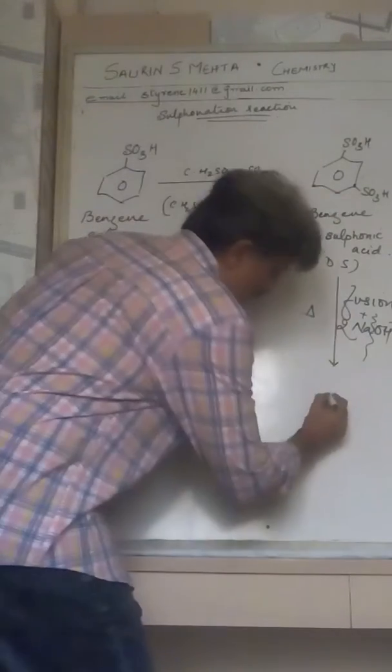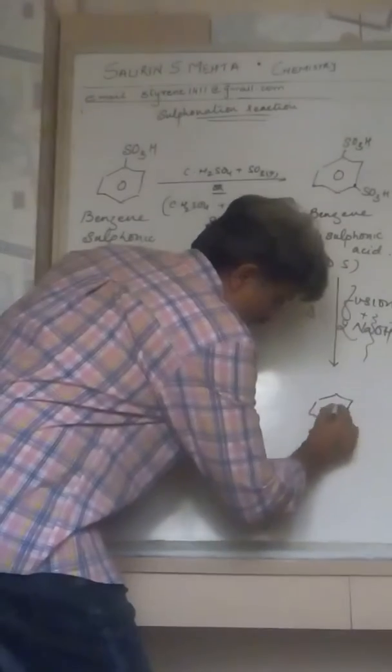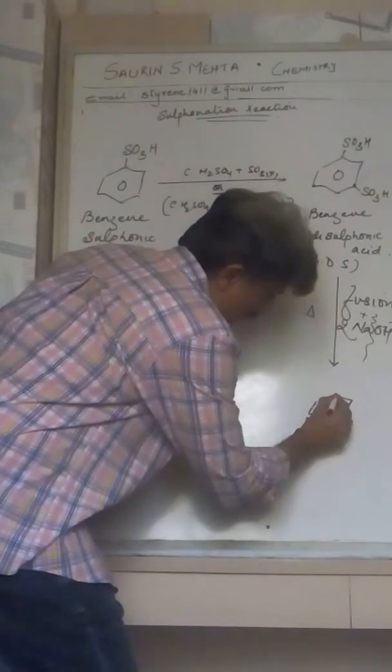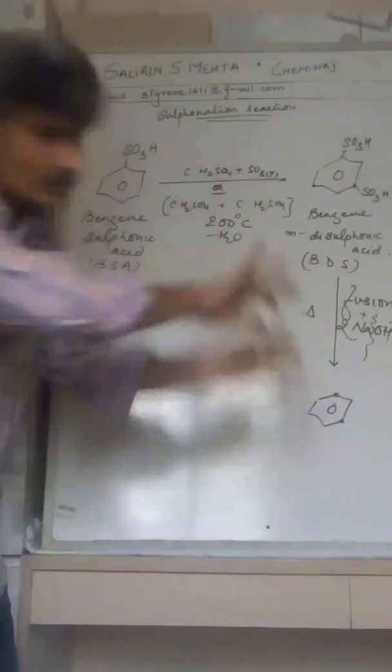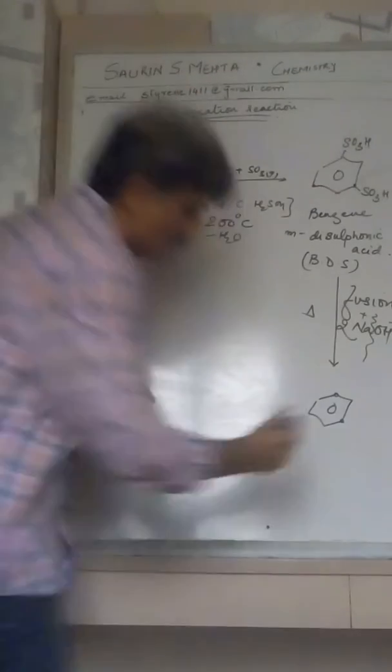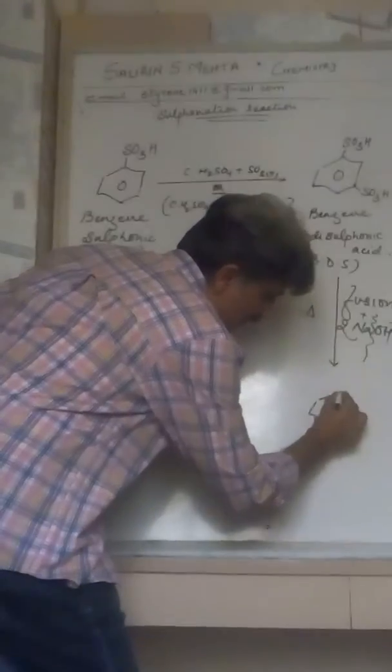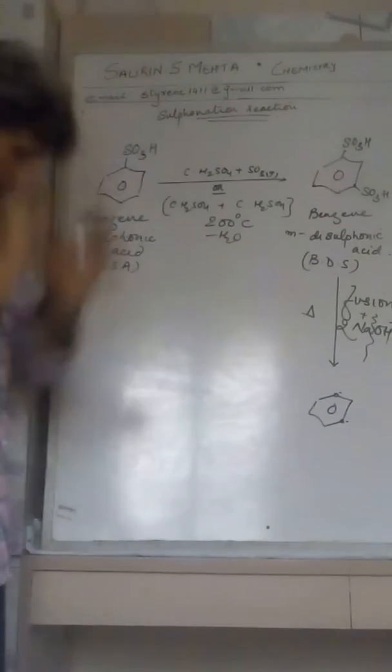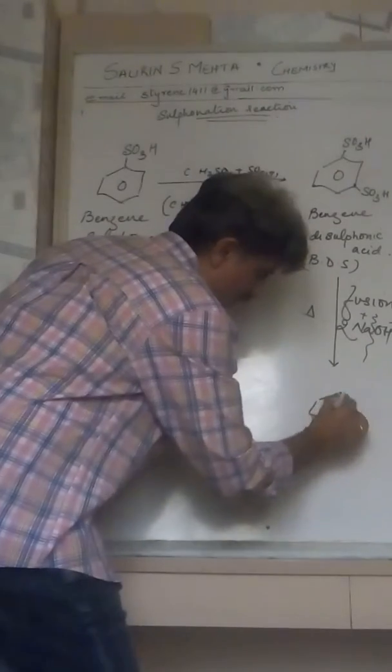So for your simplicity, I'll write over here the benzene ring. This carbon and this carbon from which the SO3H groups have left, taking away the electrons, both are having plus signs respectively.